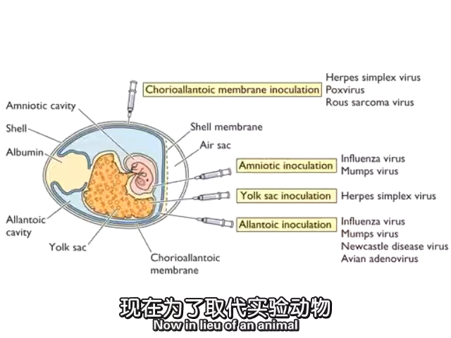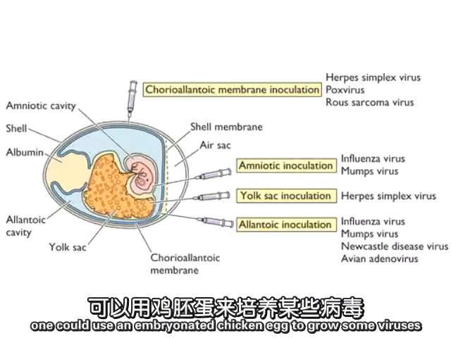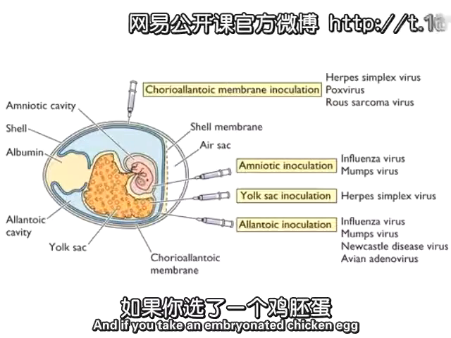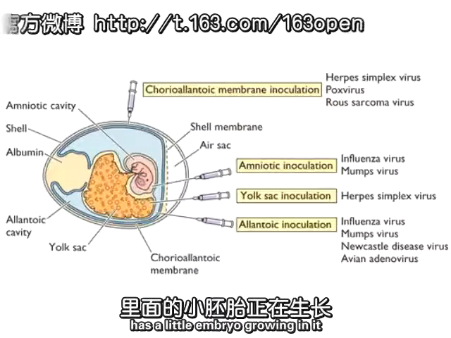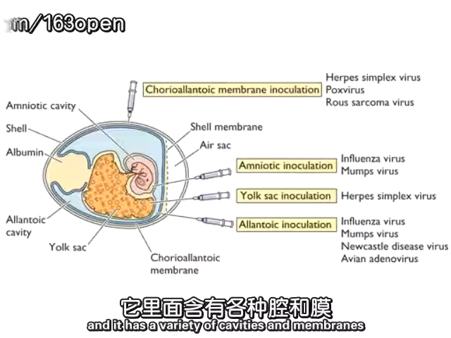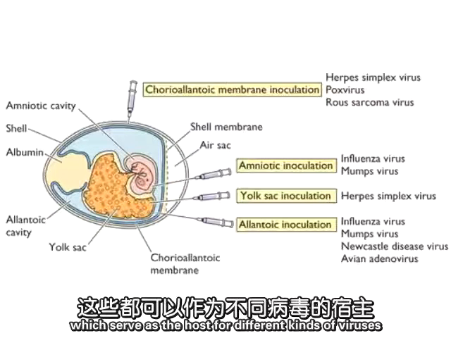Now, in lieu of an animal, some people figured out that one could use an embryonated chicken egg to grow some viruses. If you take an embryonated chicken egg, it has a little embryo growing in it, and it has a variety of cavities and membranes which serve as the host for different kinds of viruses.